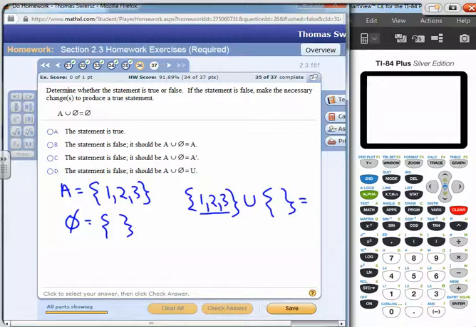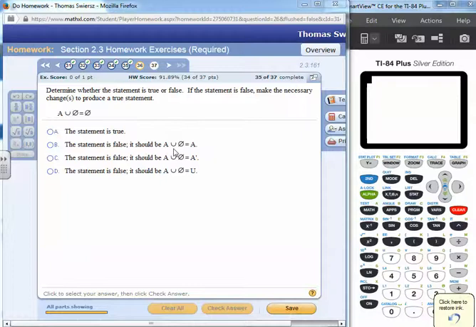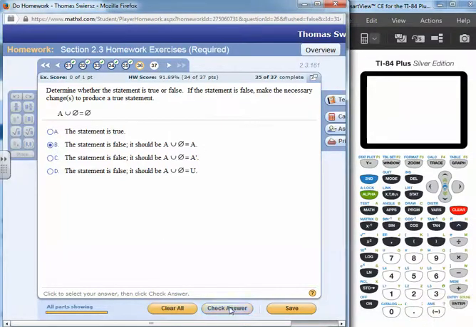The answer would be 1, 2, and 3, which is always just going to be whatever's in A, because we're never going to add anything, but we're always going to keep everything in A. So A union the empty set should be equal to A. So that statement is definitely false, and the one we have is A union the empty set is equal to whatever's in A. So B is the one we said, which is correct.